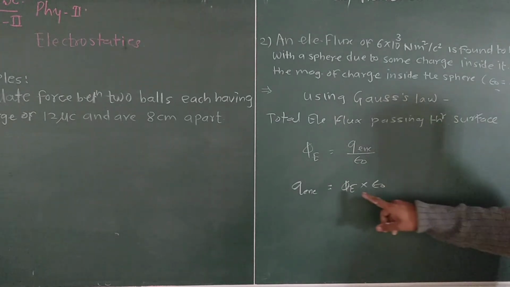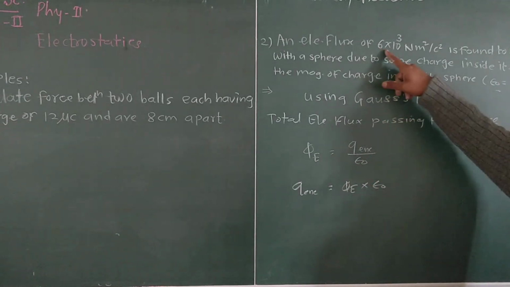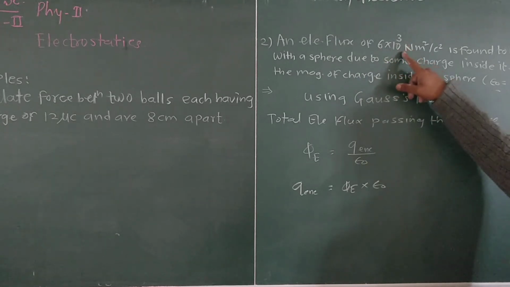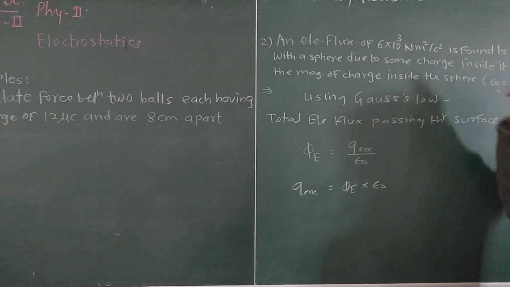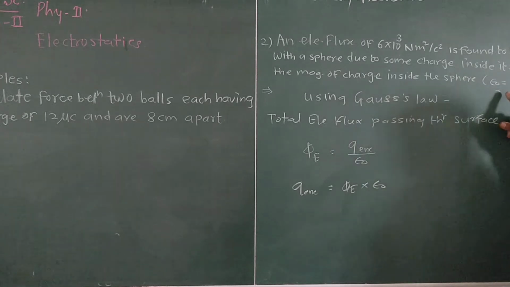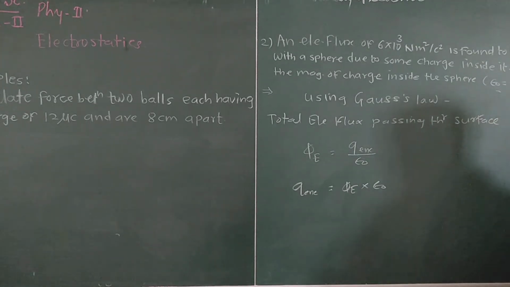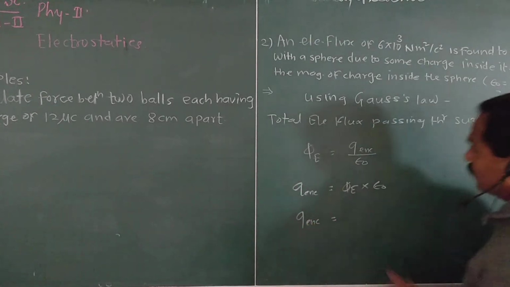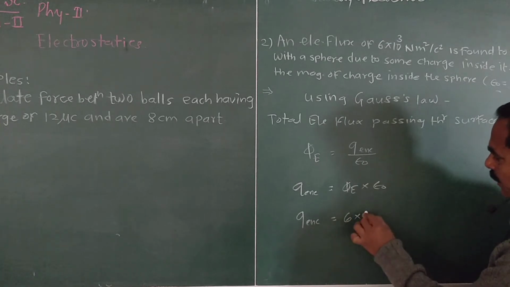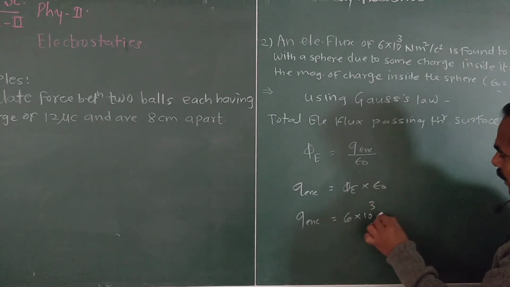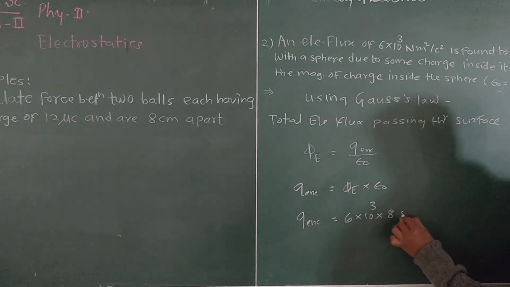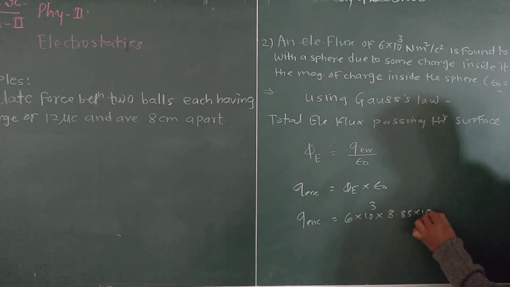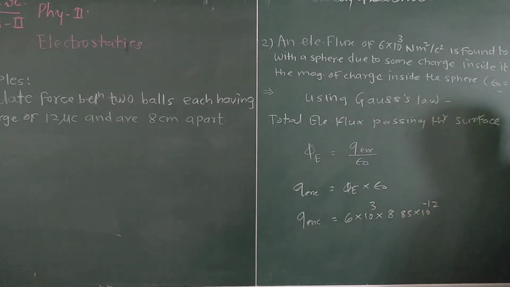Then what is the value of phi E? Electric flux is 6 into 10 raised to 3 Newton meter square per coulomb. Then the value of epsilon naught is 8.85 into 10 raised to minus 12. So we substitute the values and write Q enclosed equal to 6 into 10 raised to 3 into 8.85 into 10 raised to minus 12.